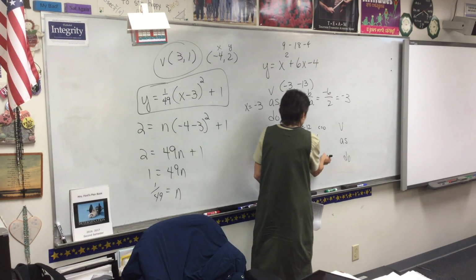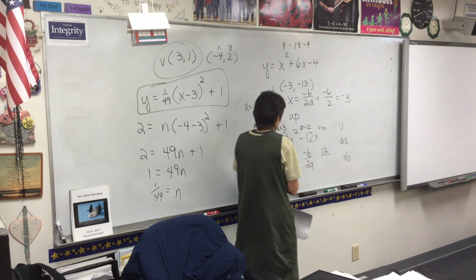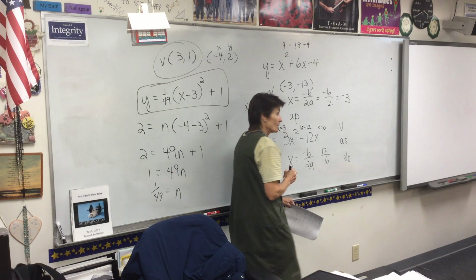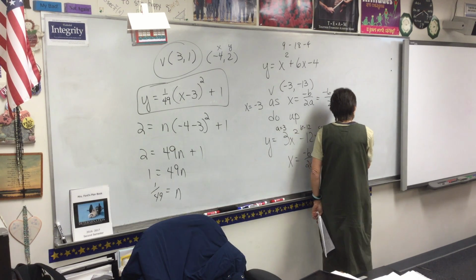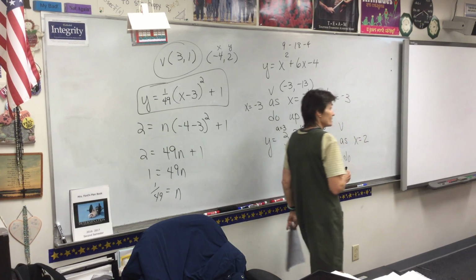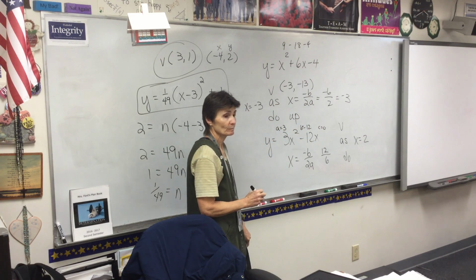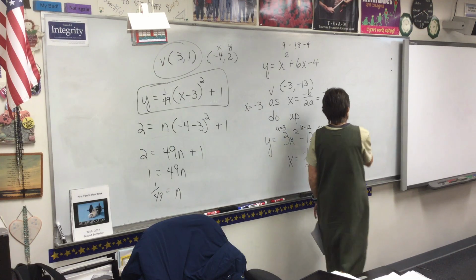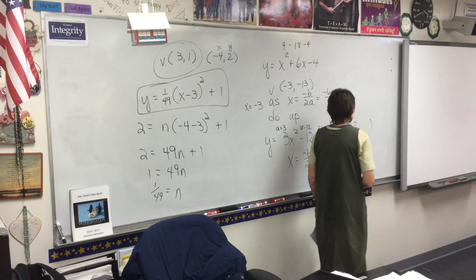Negative b would be 12 over 2a would be 6. So your axis of symmetry this time is x equals 2. So your vertex is 2, comma.